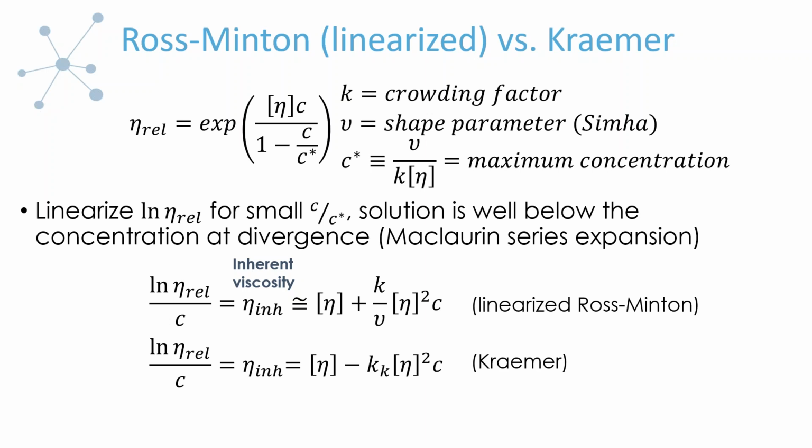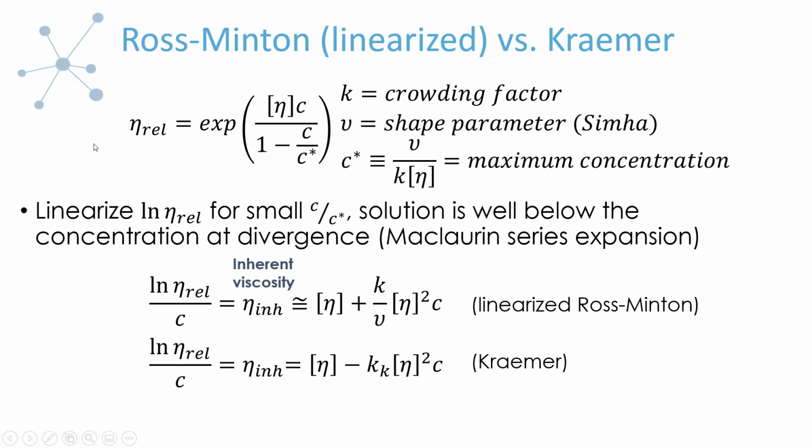So a lot of people will use the linear form, and we get the linear form by asking, how do we take the limit of this equation when this ratio is small? As I stated, we're not yet close to the concentration where we see true divergence. So this is basically doing a Maclaurin series of this exponential.